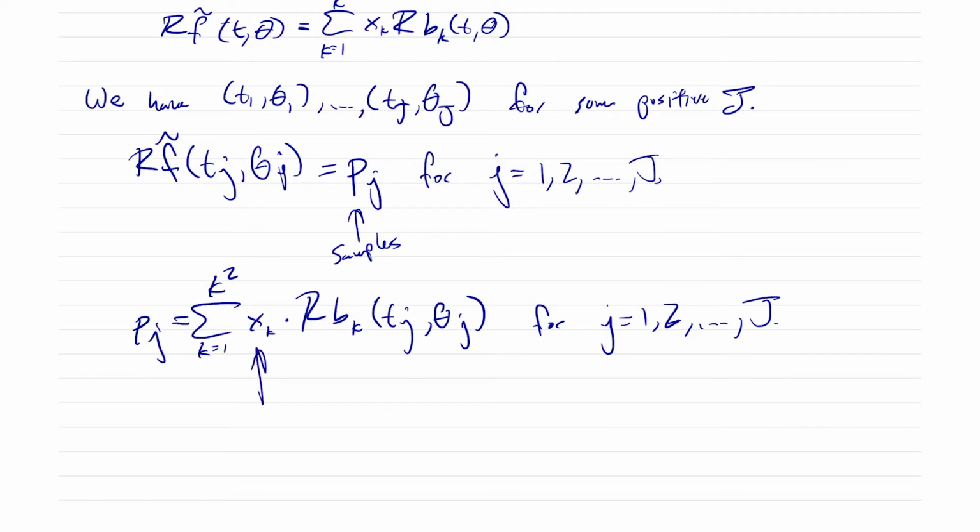The p_j are what we're getting from the scanner, and the x_k are what we're looking for.